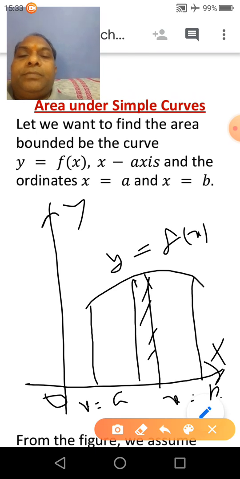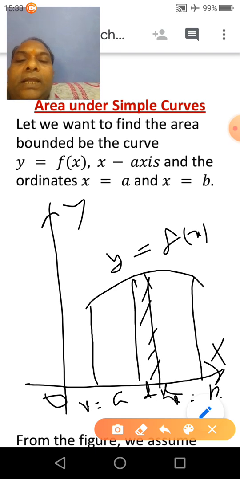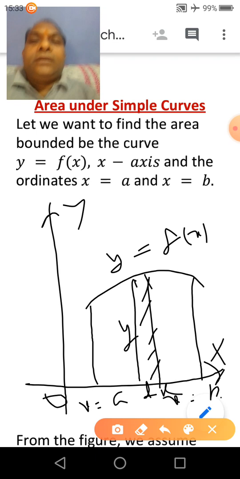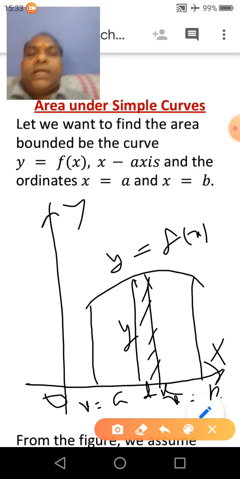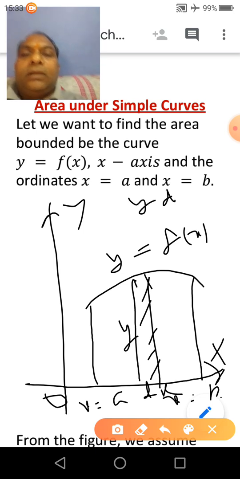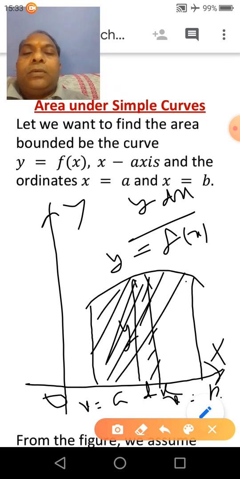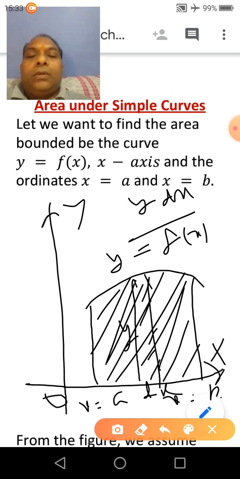Let a strip of breadth dx and its length is y, then area of the strip will be area of rectangle, which will be equal to y into dx. So area of bounded region will be integration a to b y dx.